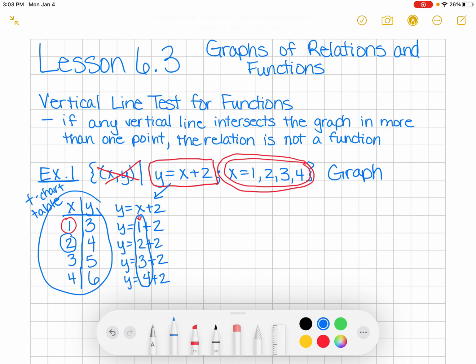So when you see it in a table like this, you're going to look at these like this is an ordered pair. So 1, 3, 2, 4, 3, 5, and 4, 6.